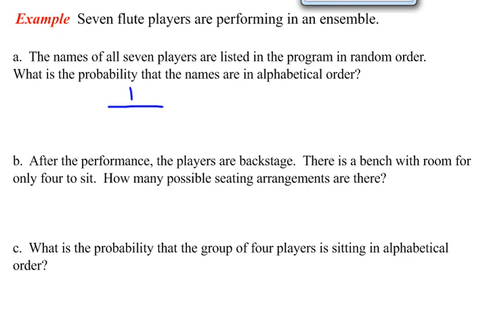So we have 7 flute players. We want to know the number of different ways to arrange all 7 of those names. 5,040 different ways to arrange those names. So the probability that they are arranged in alphabetical order is 1 out of 5,040.